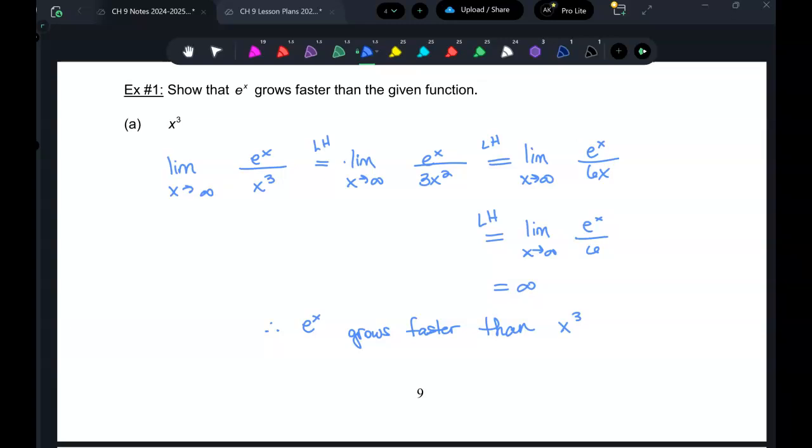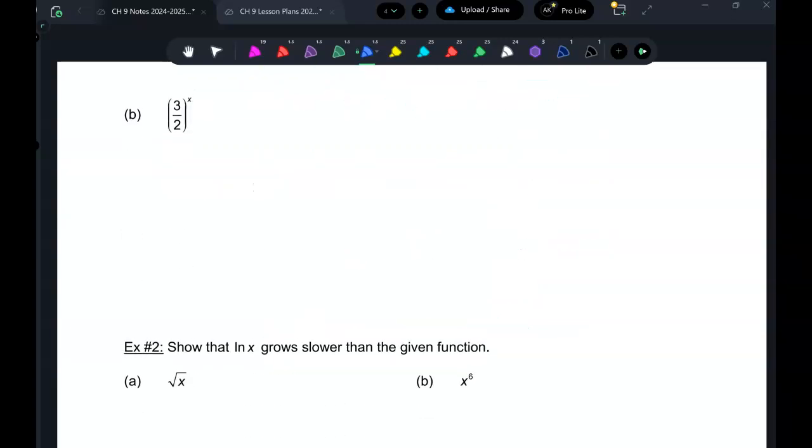It's always going to grow faster because any polynomial function, doesn't matter if it's x to the millionth, if we kept doing L'Hopital's rule, it's still going to end up with a constant. And the constant's going to be like that factorial, depending if there was already a coefficient in front, which we'll also look at.